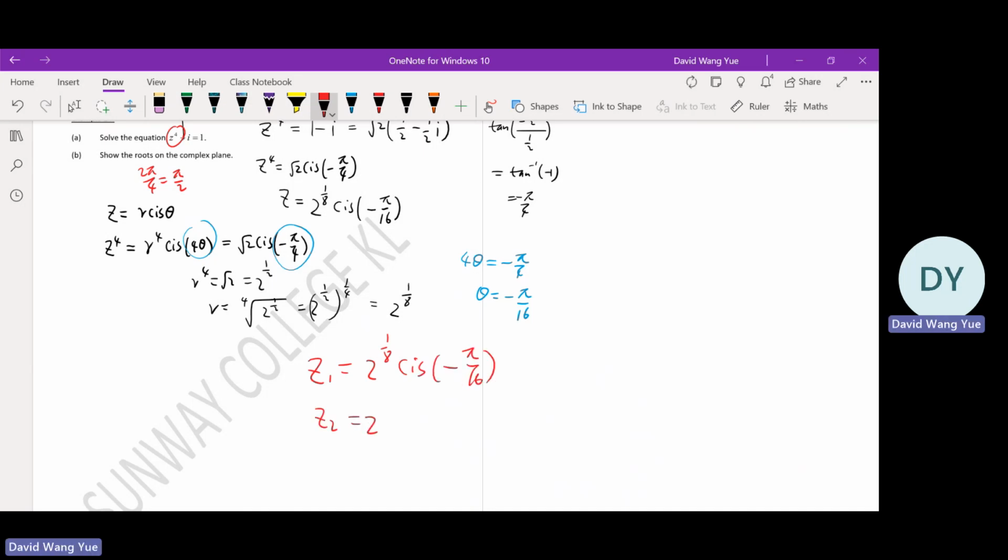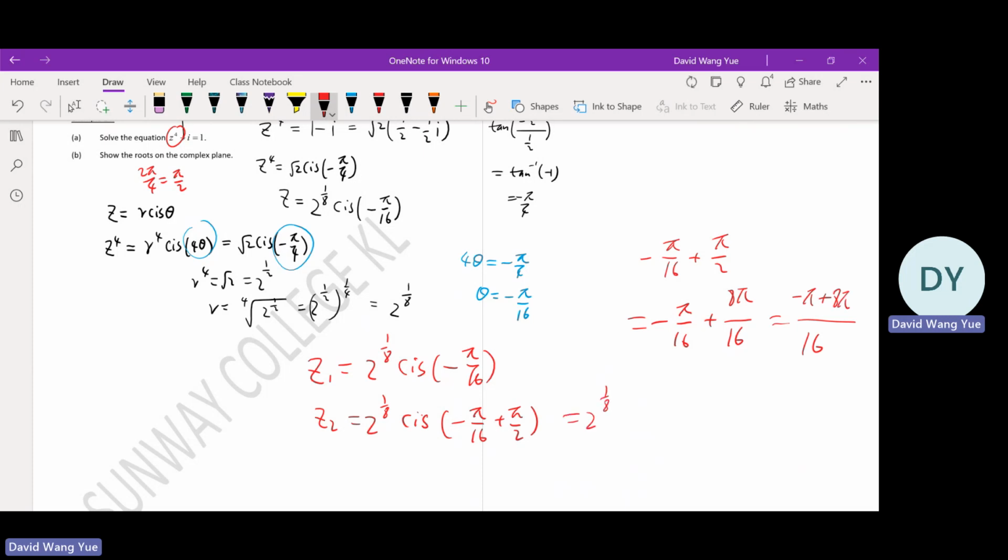For Z2, we add pi over 2. If you do this in a calculator-free session, you must get the same denominator: minus pi plus 8 pi. So the second root, 2 to the 1 over 8 cis, is 7 pi over 16. Still within pi, that's good.